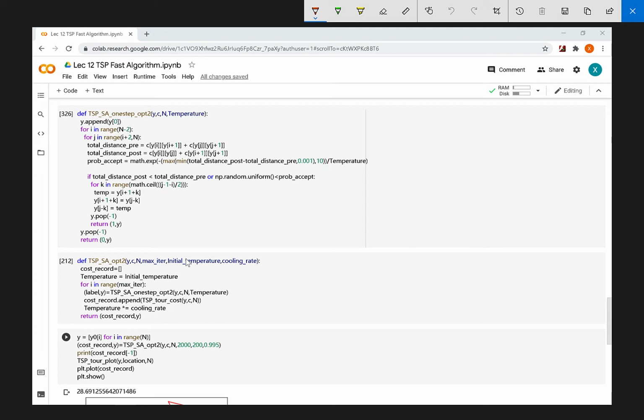Let's see how we use Colab to implement this simulated annealing algorithm for 2-opt. So definitely we will follow what we just derived, calculating the distance reduction from these operations.